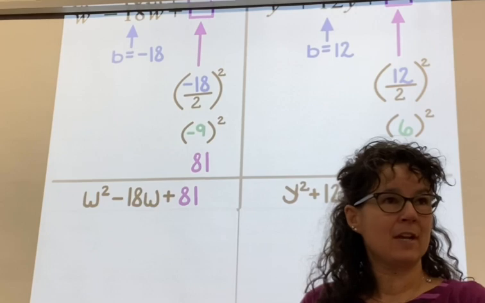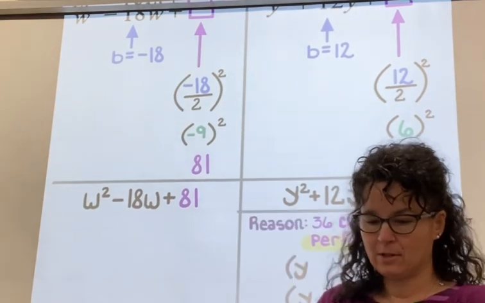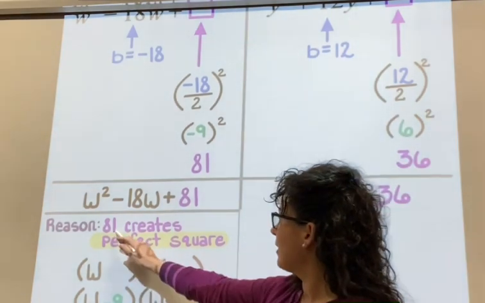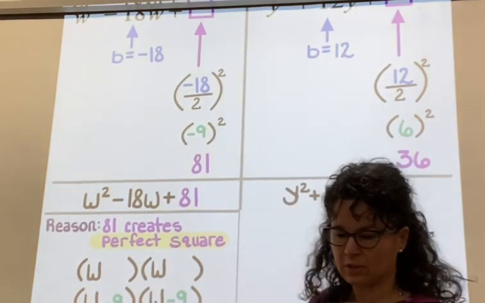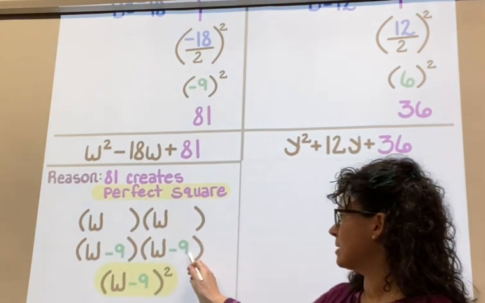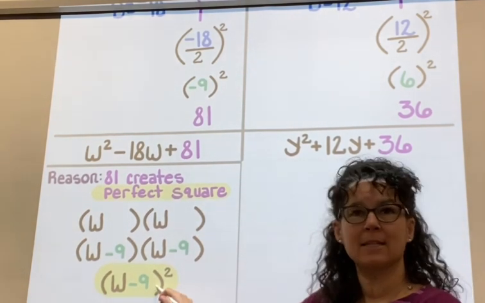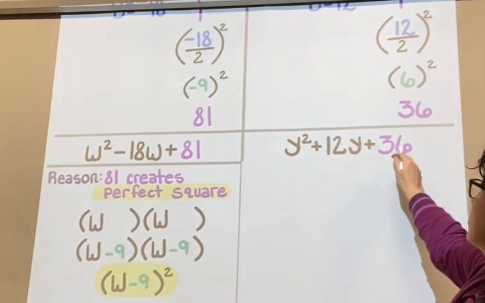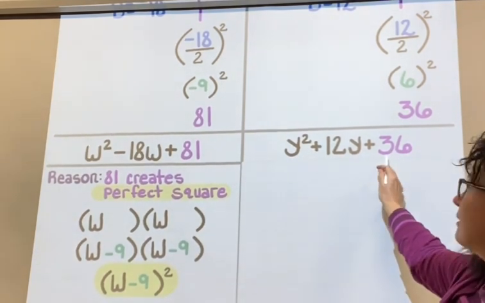And that's negative 9 and negative 9. So that 81 is creating that perfect square where I have w minus 9 times w minus 9, so it's w minus 9 squared.